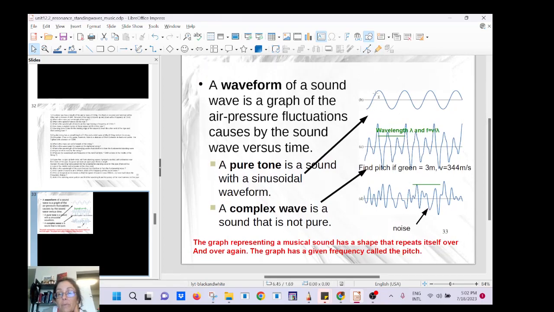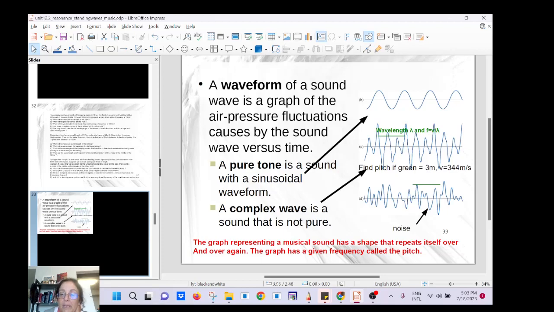But when you play an instrument, you're going to make a sound wave, right? That will propagate in the air until it hits your eardrum, and the waveform depends on the instrument. So you can use the same instrument, and you can play the same note with different instruments.